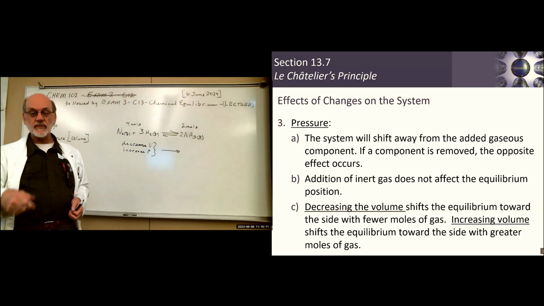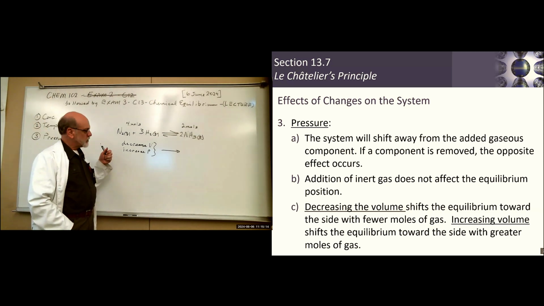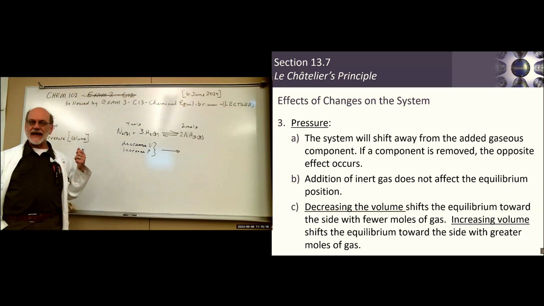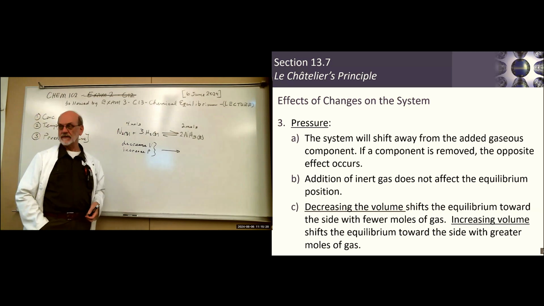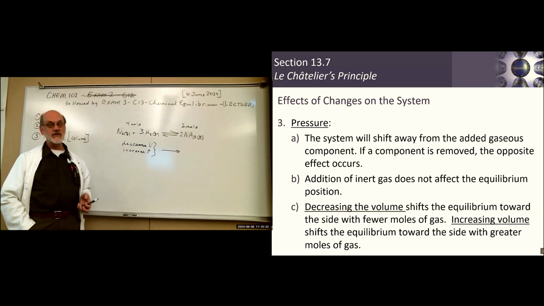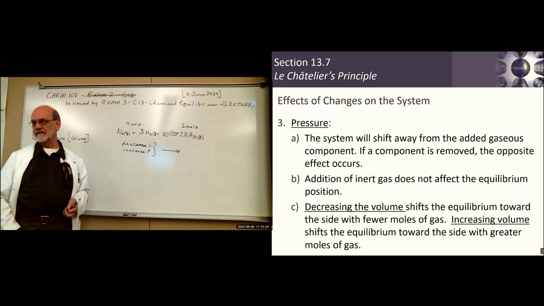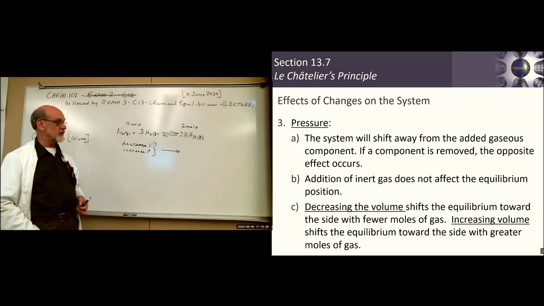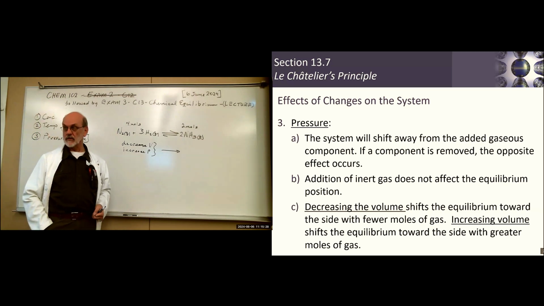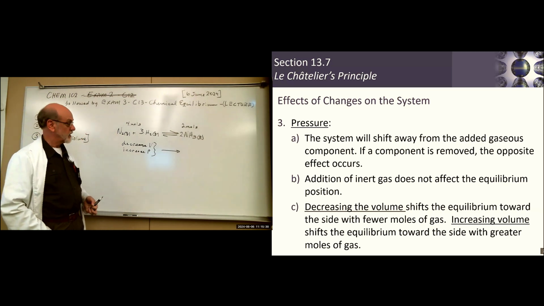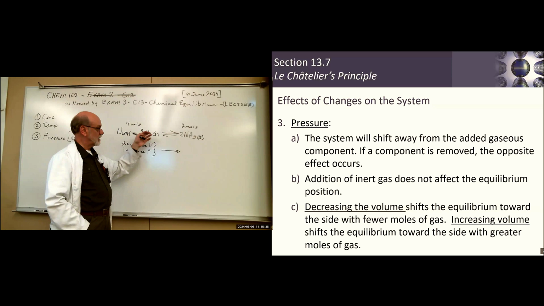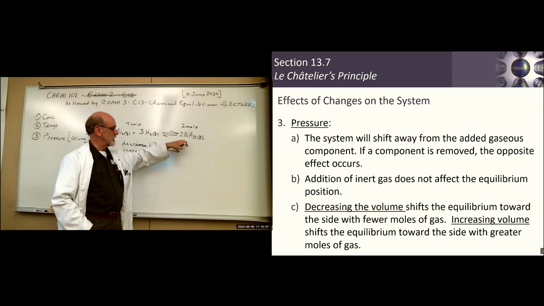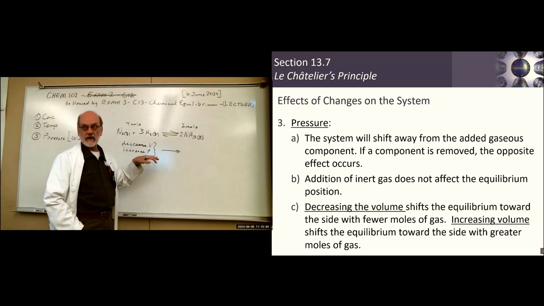Here's another possibility. What if you increase the pressure by adding an inert gas that's not even part of the reaction? It has no effect. None. Because it's not part of the reaction. By increasing the pressure, you're not changing the number of impacts of the forward reaction or the decomposition in the other direction.